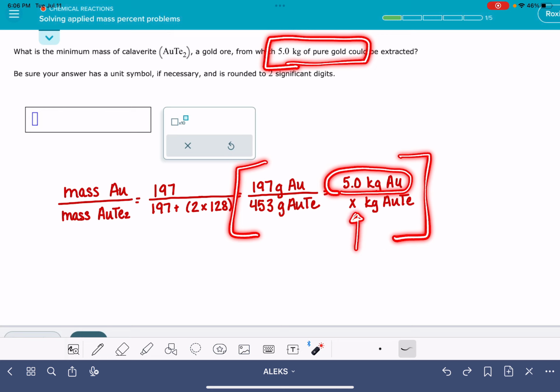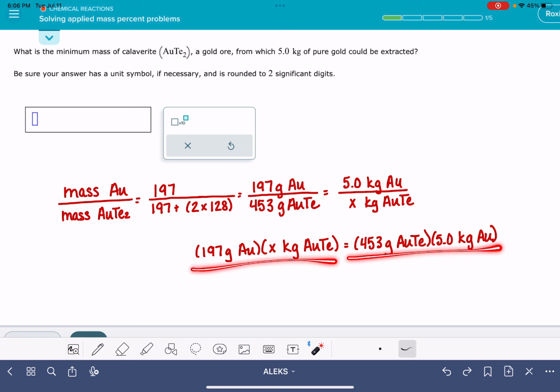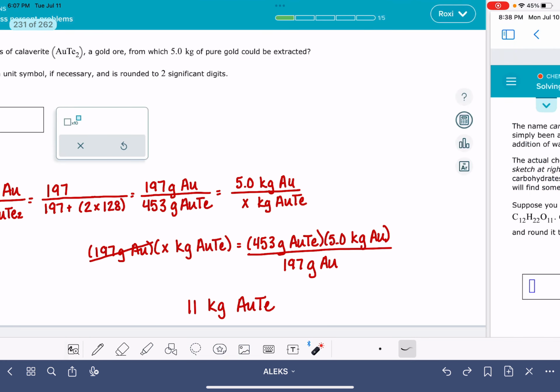I'm trying to figure out what value of x is going to give me that 5 kilograms of gold. So once again, I'm just using the algebra cross multiplication rule to set up this equation. I'm going to isolate the x variable and then solve for x, 11 kilograms. These two are definitely the easiest versions of this problem. It's just going to get harder from here.